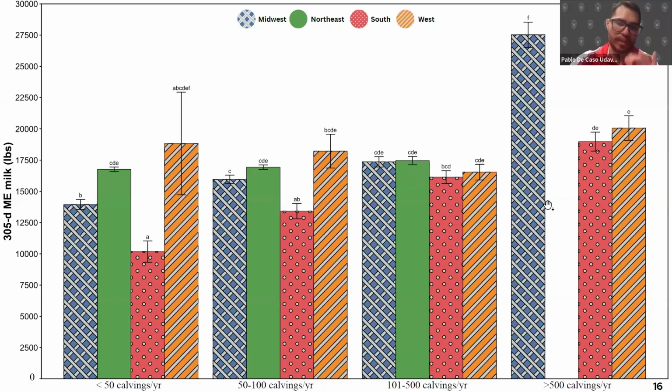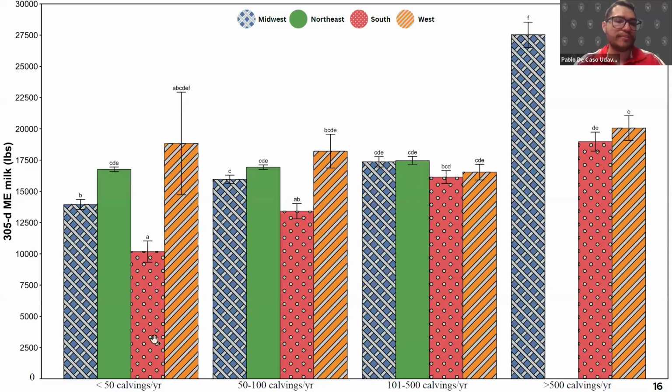And then something that you can probably distinguish quite quickly is that there is no green bar, or no solid bar, in the more than 500 calvings per year. And that's a very insightful thing because when we dove into the data, we noticed that the Northeast does not have herds that have more than 500 calvings. So that also helps us set the stage and understand that this region specifically does not count with large herds, which could be the same case, for example, when we are looking at the distribution of the West, which is the striped one.